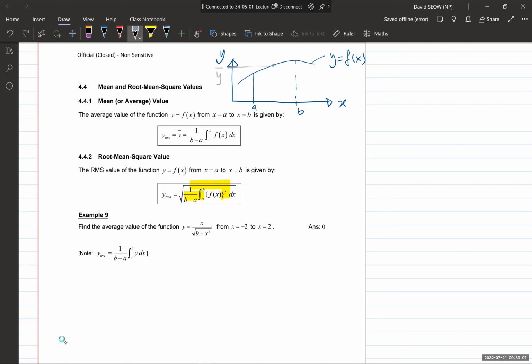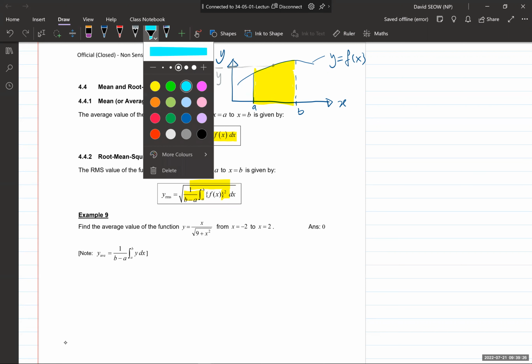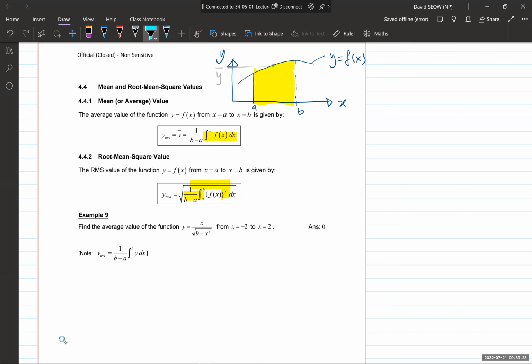When I do the integral from a to b of f(x), I'm getting the area under this graph. Once I get the area, I divide by b minus a, the span of the x values.